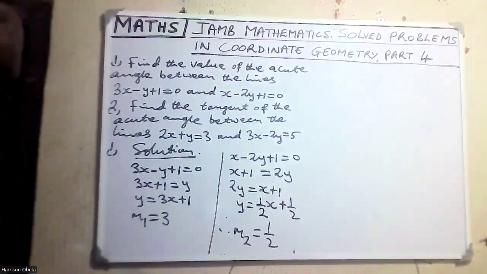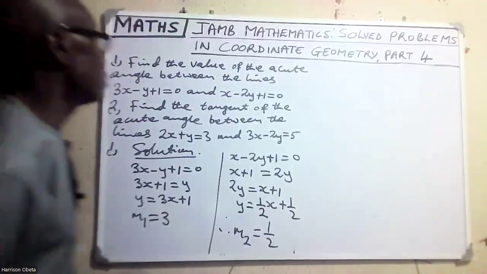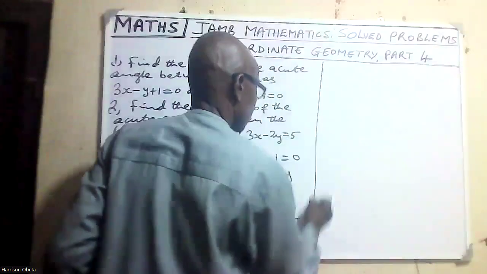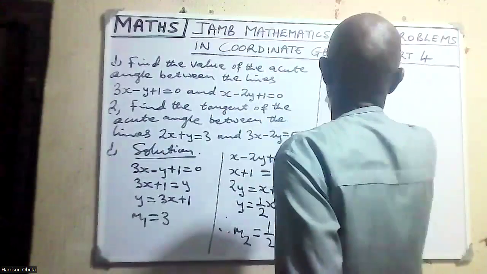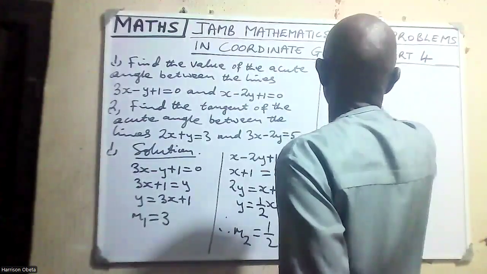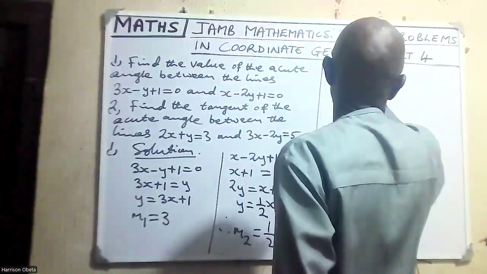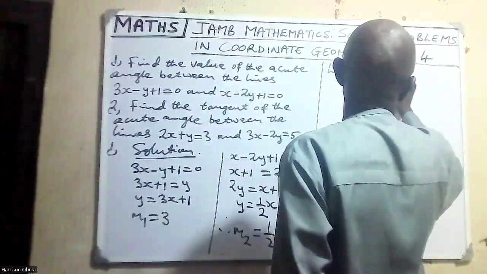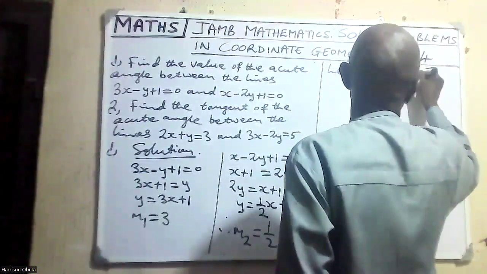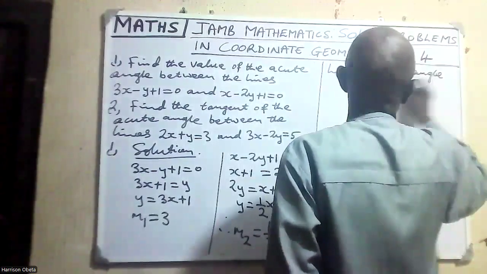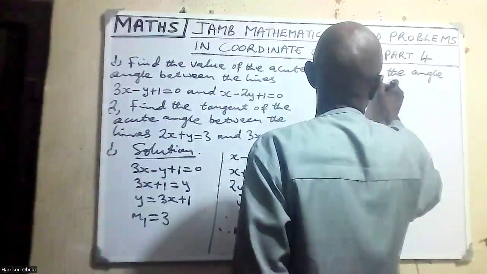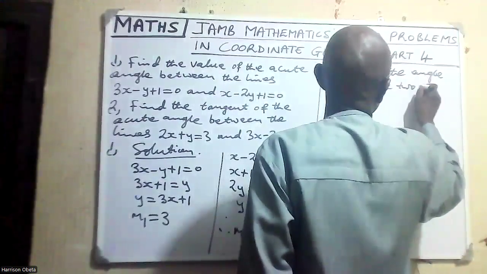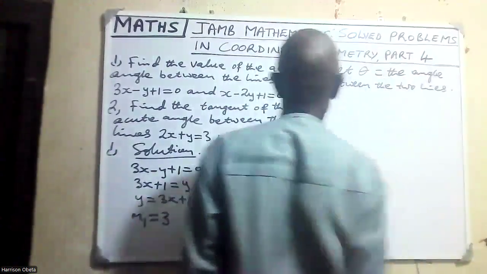So we have to find the value of the acute angle between the two lines. In order to do that, we use the formula: let tan theta equal the angle between the two lines.